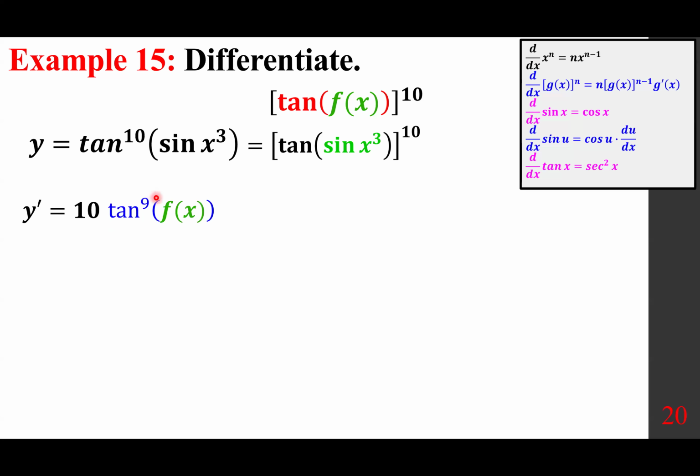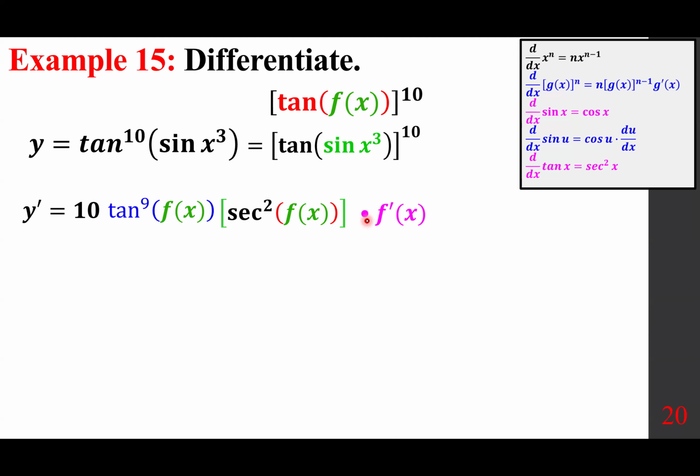So tan to the power of 9, f of x. And then we want g prime of x, the derivative of the inside. The derivative of tangent is secant squared f of x, and because it's f of x, times f prime of x by the chain rule.